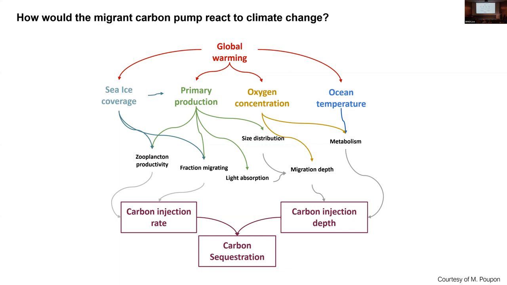But what we can do is start to pick apart the various drivers: primary production influencing zooplankton biomass, migration, fraction of migrators, and size distribution, as well as ocean temperature influencing metabolism. So bringing together the various drivers that I introduced in the first part of the talk to look at the differences in both the depth of the fluxes as well as the total rate.